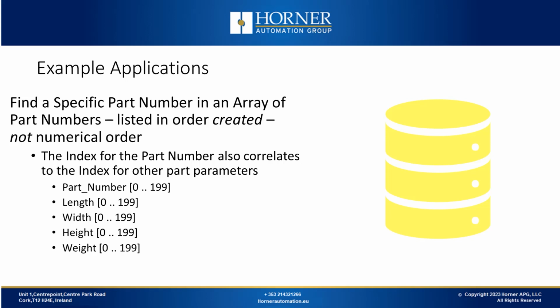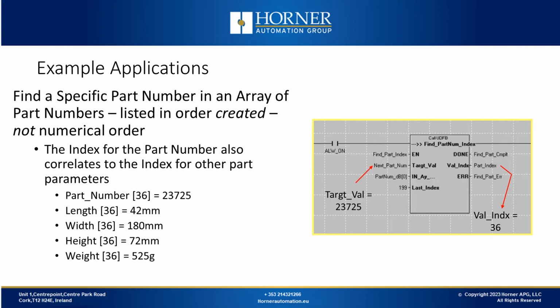However, let's say this part number database was constructed by listing the parts in the order the parts were created. Finding a specific part in that list could be challenging. But using this user-defined function block, it can become very easy. Using this data-find user-defined function block, if you know the part number you're looking for, that could be your target value, and you could search the entire array for that target value.